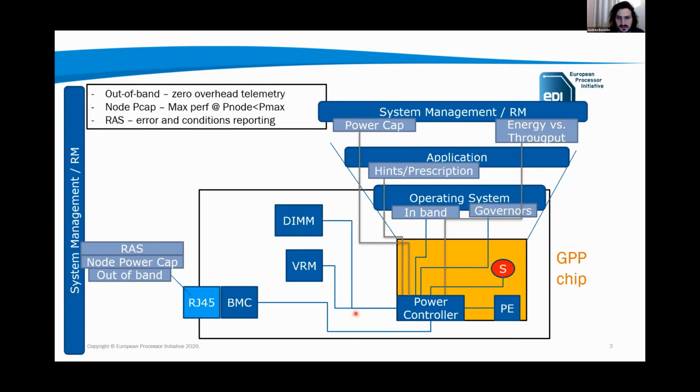These components are really heterogeneous because you have dedicated hardware controllers, processors, and sensors, but also the operating system, applications, and system components. So it's challenging. We'll see in the second half of the presentation how this is done.